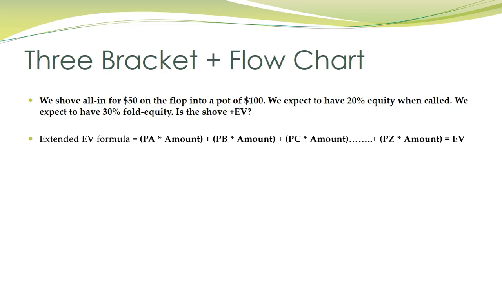In fact, you can have as many brackets in the EV formula as you want to. Each bracket represents one possible outcome. So we can expand the EV formula like this. Probability of event A multiplied by the amount we win. Probability of event B multiplied by the amount we win. Probability of event C multiplied by the amount we win. We can just keep doing this. We can keep adding a bracket for every possible outcome.